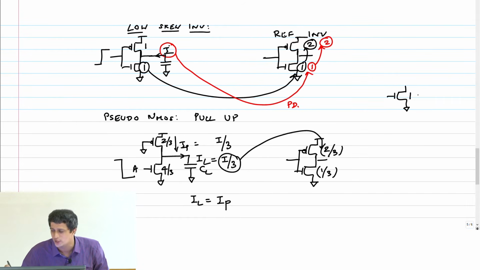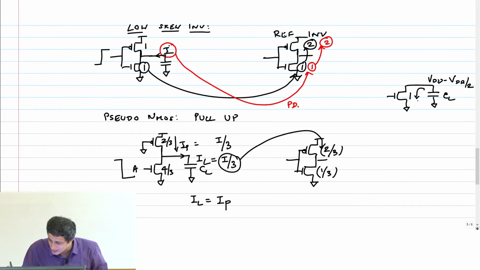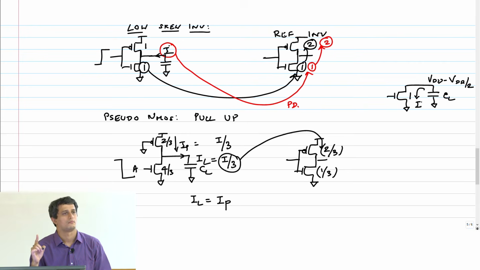It is basically a unit NMOS transistor discharging a capacitor CL from VDD to VDD by 2. That current is I. So if I want the same current I in the PMOS, I have to make it twice the width. Clear?